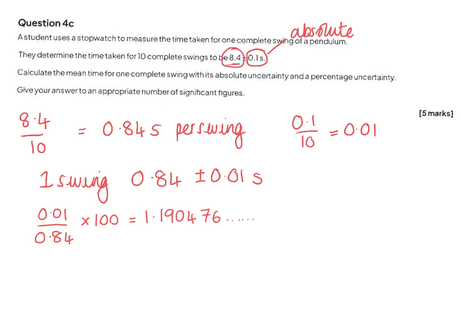If we have a look at the data we were given in the question, 8.4, that is to 2 significant figures. So I'm going to give my answer to 2 significant figures. So I'm going to round this. That's 1 significant figure, that's 2 significant figures. I'm going to round it here. The 9 is above 5, so we're going to round up. So we're going to end up with 0.84 seconds plus or minus 1.2%.